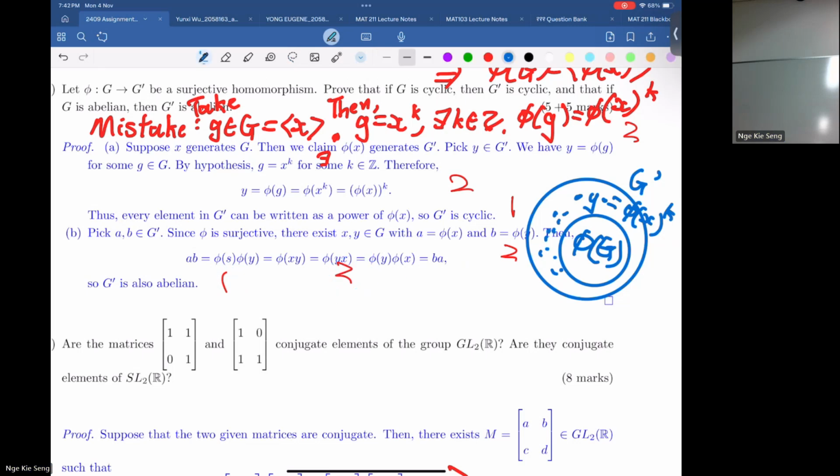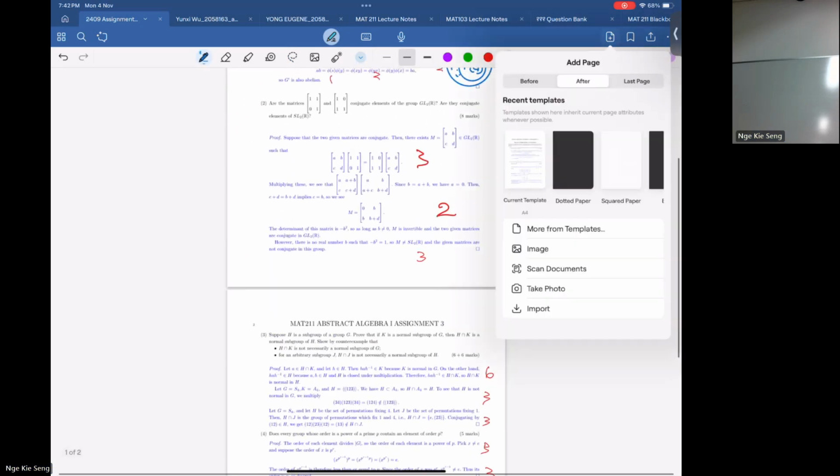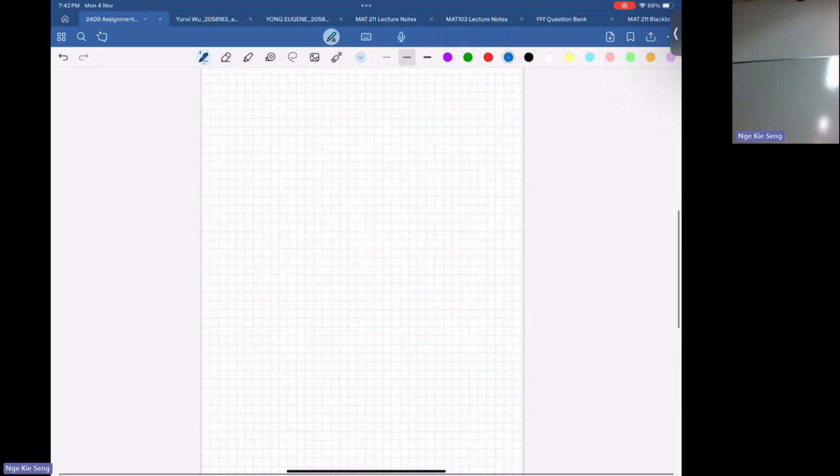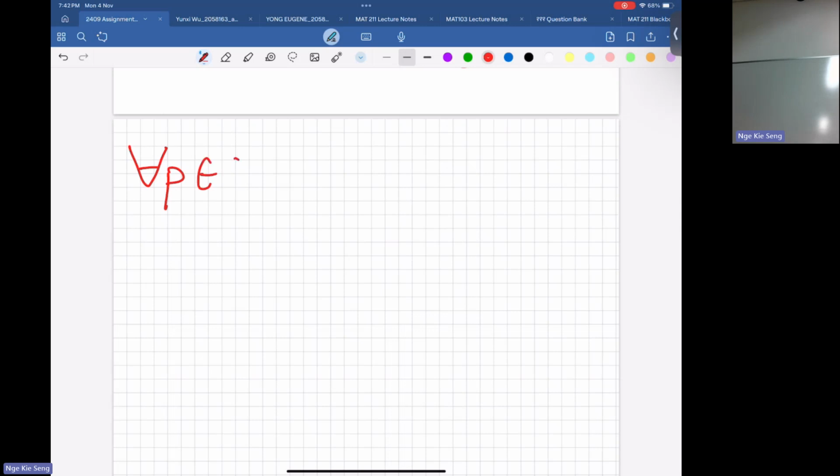So there's a writing problem from one of you. Let's show it now. You say that for every p prime in G prime, there is this p in G such that φ(p) equals p prime.